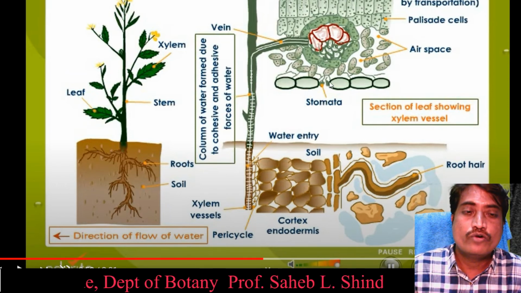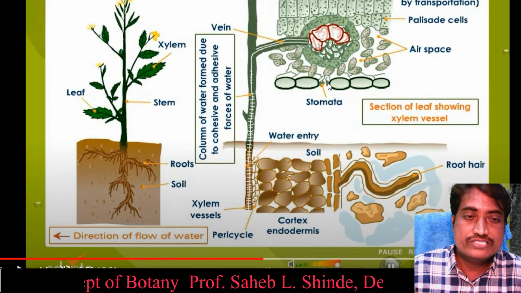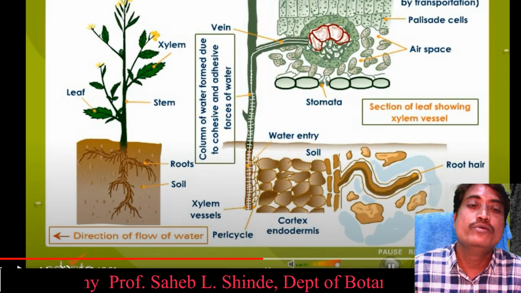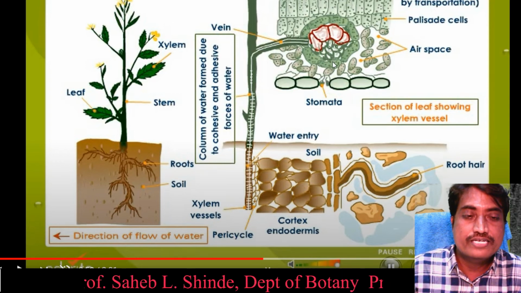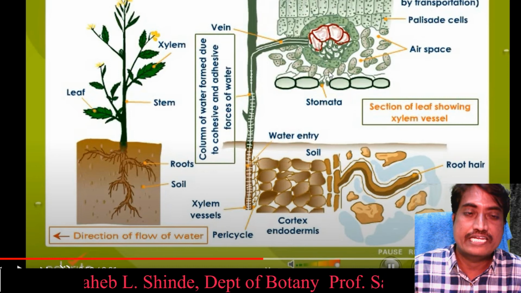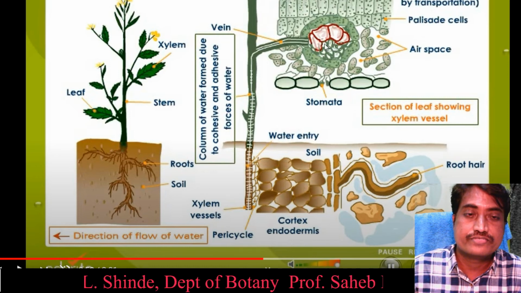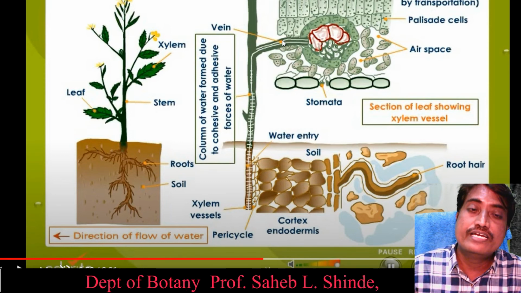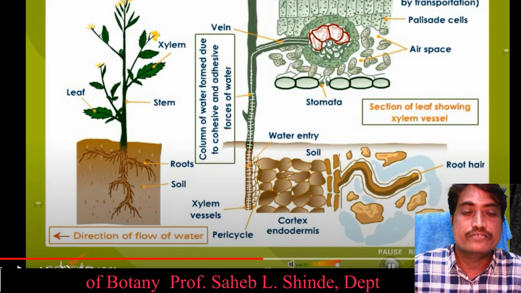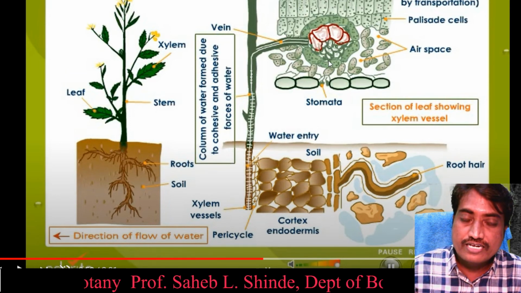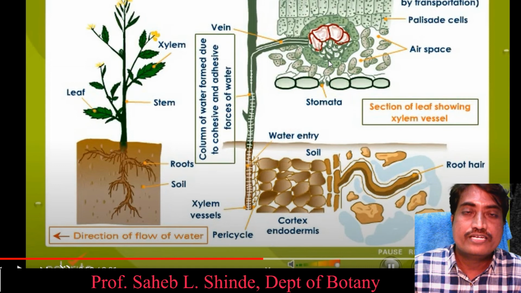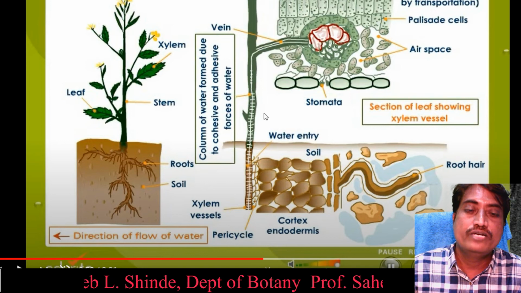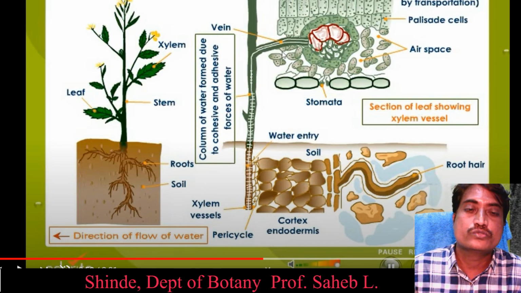When loss of water occurs from the stomatal regions, a deficiency is created in that area, and that deficiency is fulfilled by the nearby cells sending water to that area. That deficiency is fulfilled by cells on another side, and finally the leaf xylem sends water inside that deficient area. Likewise, from one place to the other the deficiency is fulfilled and water moves from the lower side to the upper side.